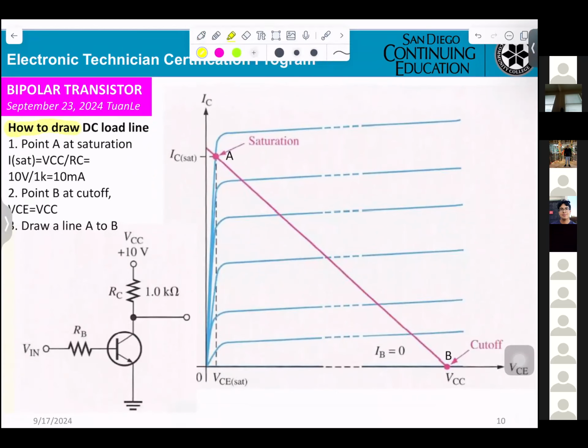How to draw a DC load line? The purpose is, when you draw the line, you're able to pick any point on it.